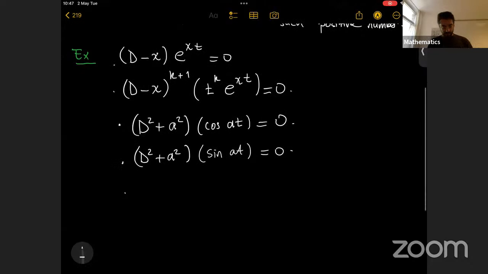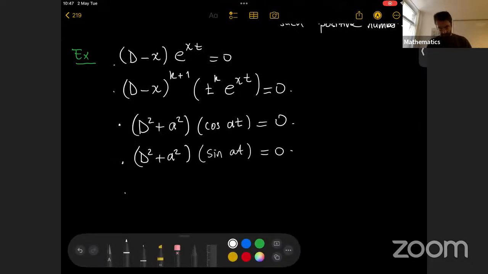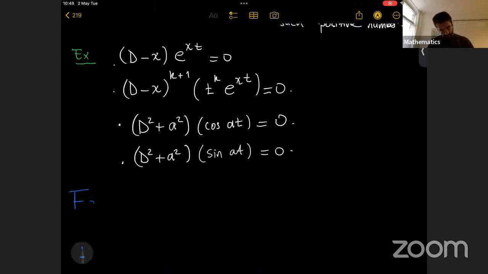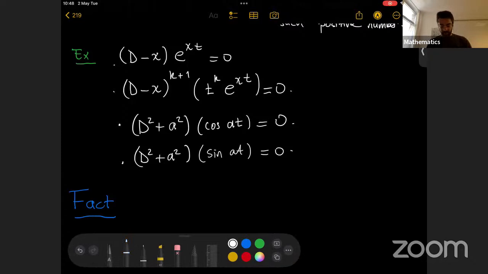Well, let's write this as a fact. For more complicated functions, how do you find the annihilator?